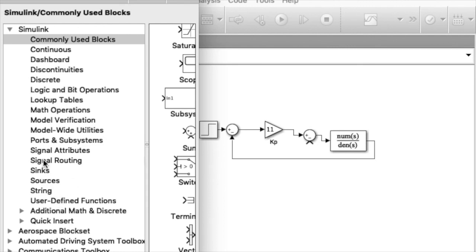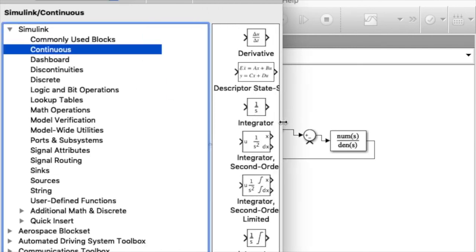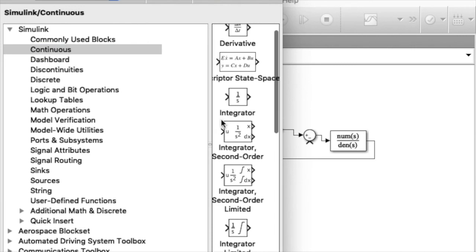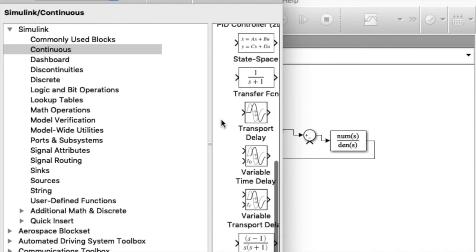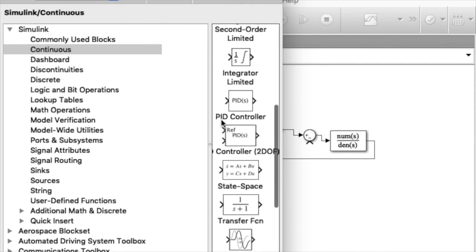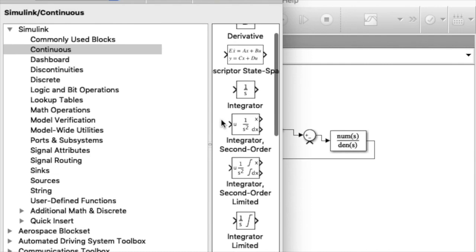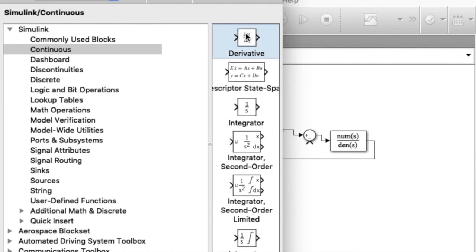So sync signals, continuous. One by S. Will this be a derivative?